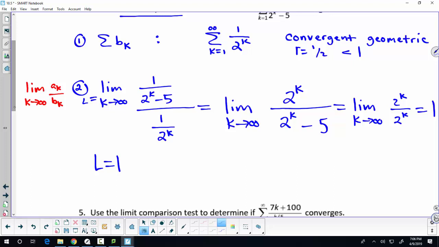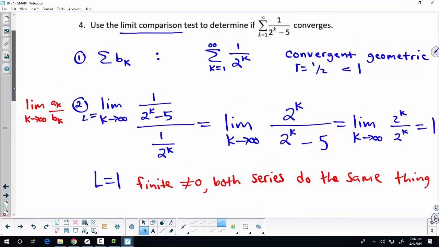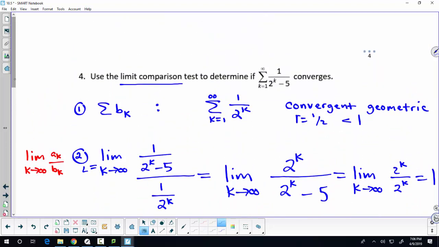So L equals 1. So this series converges by the limit comparison test.